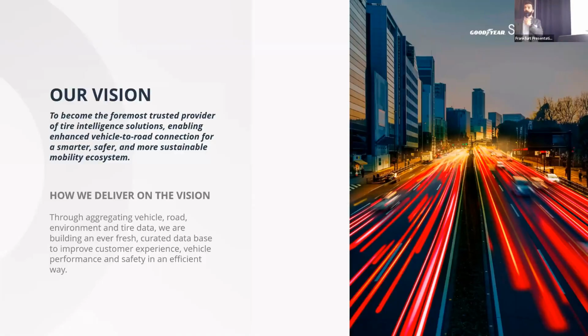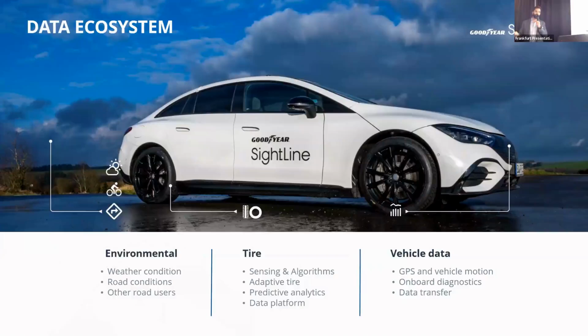So you might wonder how we do that. We basically aggregate data: environmental data, everything that is weather and road related conditions. Of course, vehicle data, so we can communicate with the CAN signals of the car and different requirements there. And of course, then our knowledge of the tires.